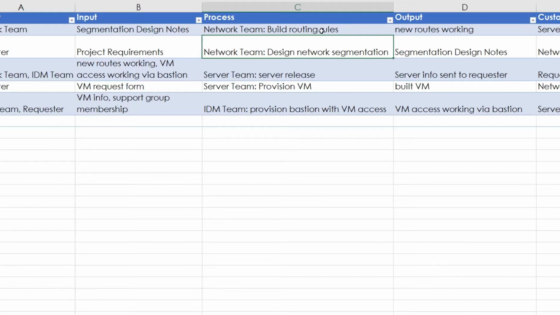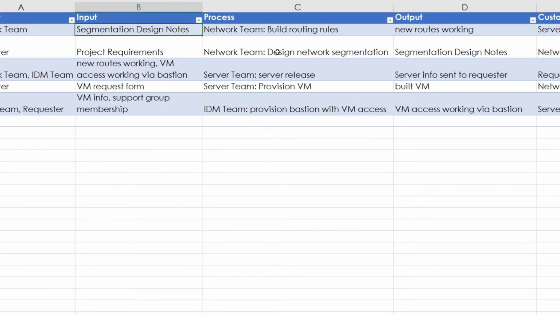If you're on the network team, for instance, we're going to go for a technical example again, and you need to build some routing rules, you need to figure out, well, for the thing I'm building routing rules for, what does it need to do? What does it need to talk to? So you need to go figure that out first. What's this thing do that I'm segmenting? And so how are you going to do that? Well, that's another item on your SIPOC.